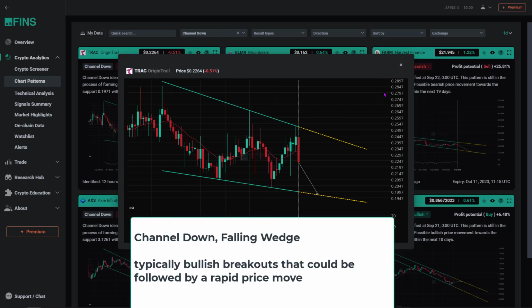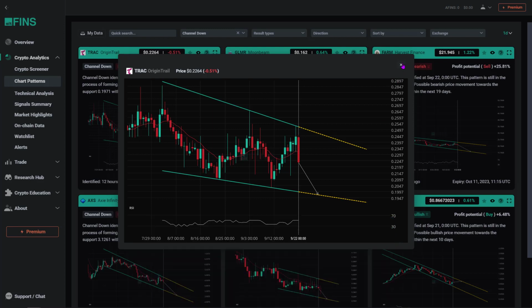And typically the breakouts happen across or above the resistance trend line, and that may indicate that the buyers have finally begun to step up, the selling has dried up, and demand is outpacing supply for the token, and the buyers are in charge, and that usually is followed by some rapid price movements.